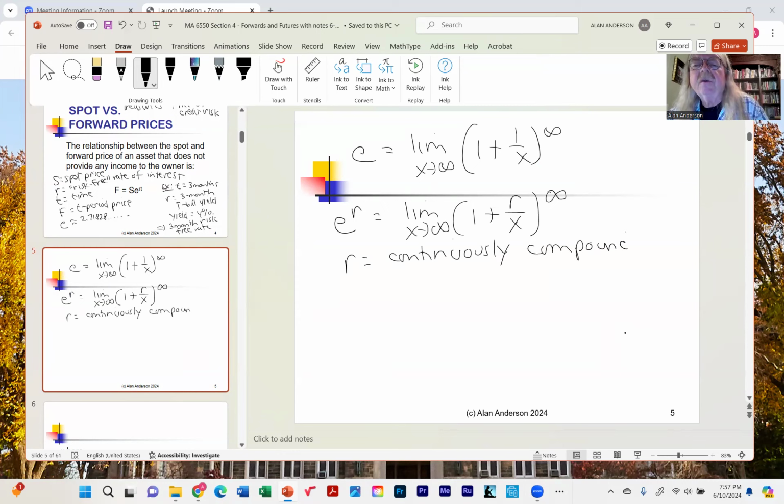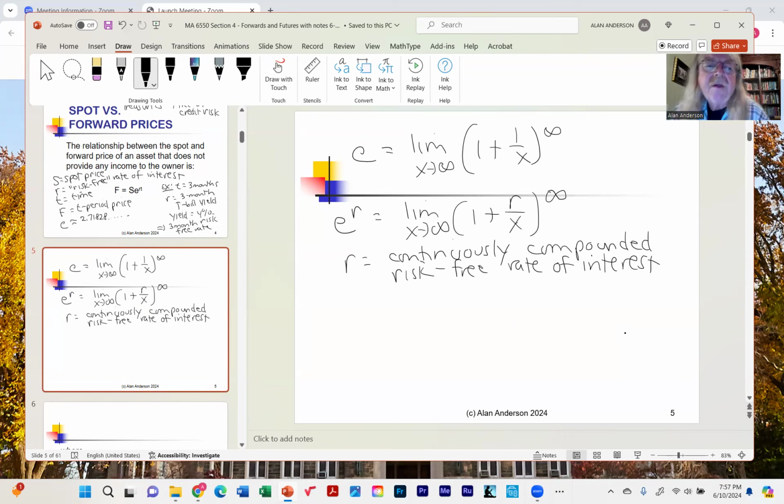So I did mention this once before. With the derivatives markets, we tend to use continuously compounded rates because there's several reasons why it's easier to deal with risk-free continuously compounded rates. So we'll see that throughout the course. And in Hull's book in particular, he almost never uses discretely compounded rates, even when he really probably should. Continuously compounded rates are always used in the derivatives markets.